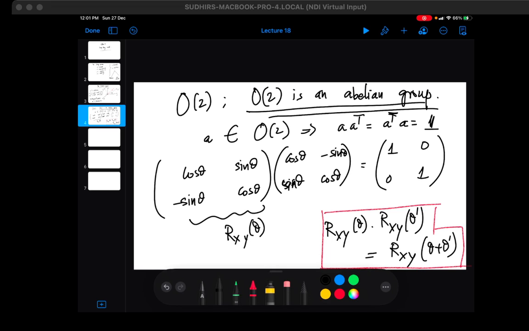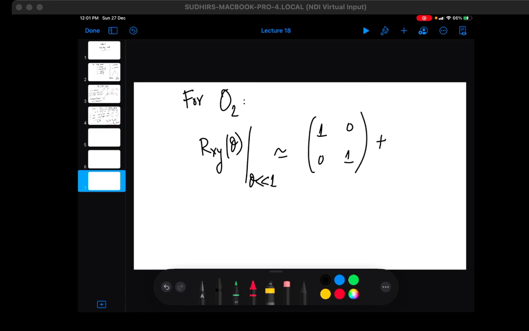So unity is that cos theta term, and then you have a small theta. The sin theta is just theta, so theta, minus theta, 0, 0. So with this you can define your generator, plus other terms, so you are expanding around small theta.